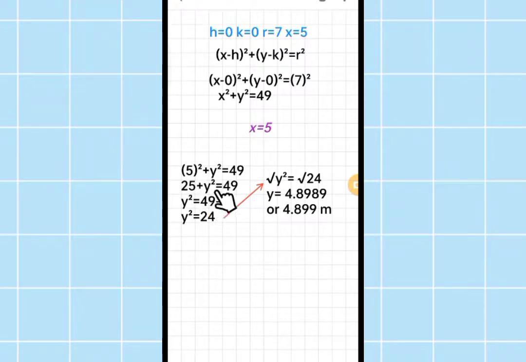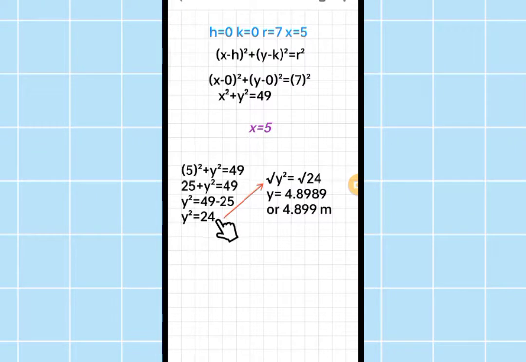Since we're solving for y, we transpose 25 to the right side. So y² = 49 − 25. Why did it become negative? Because 25 on the left side is positive, and when we transpose it to the right side, it becomes negative. So 49 − 25 is equal to 24.